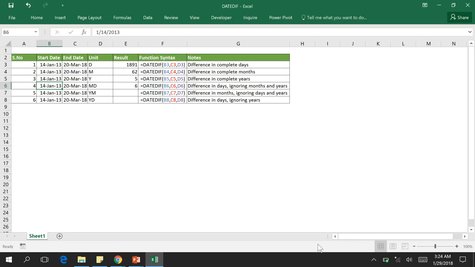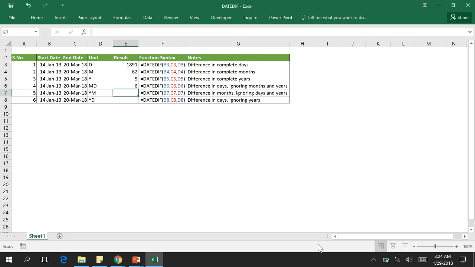It will calculate only the difference between the days. The difference between days is 6. Starting from 14 to 20, there are 6 days. So my result is 6 because it will only consider the days, ignoring months and year.